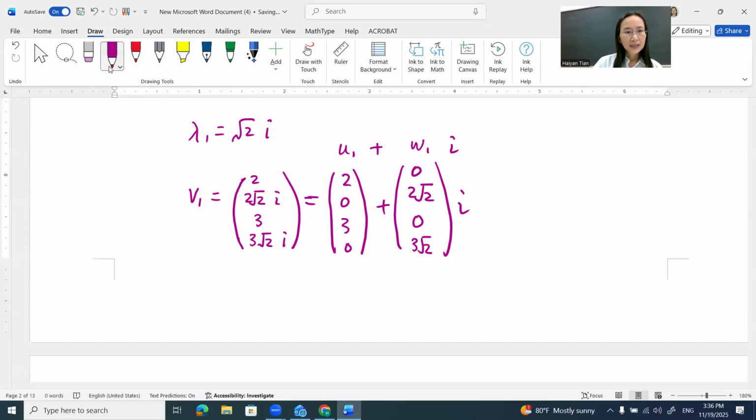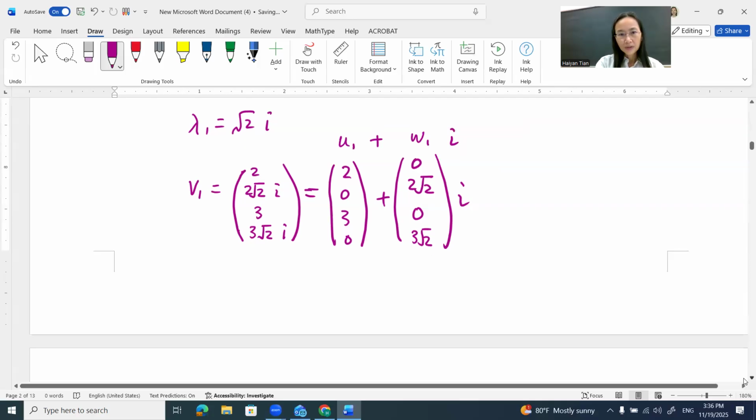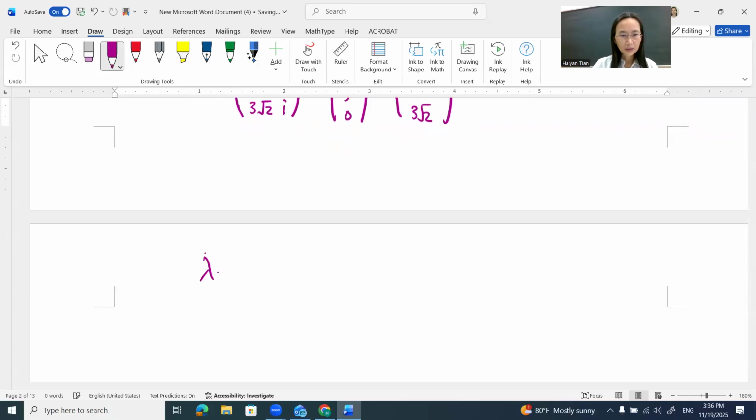Okay, there is also a lambda 2. Lambda 2 is the square root of 15i.